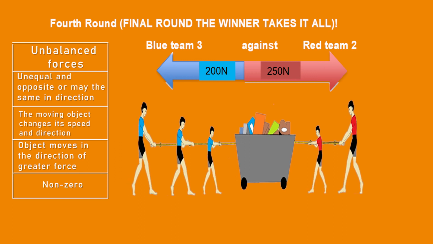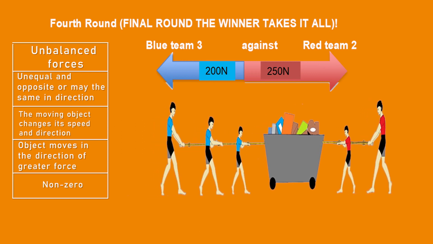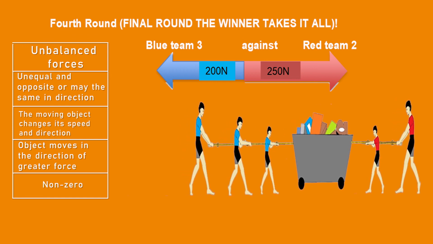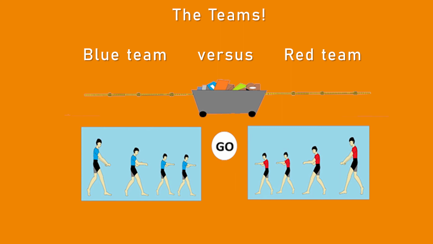In the activity, it shows that the direction of the motion of an object follows the direction of the greater force. Therefore, we can say that balanced forces applied to the object in opposite direction make the object stay at rest, while unbalanced forces make the object move following the direction of a greater force.